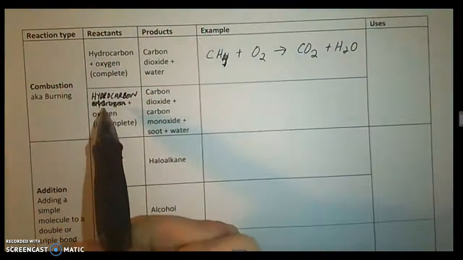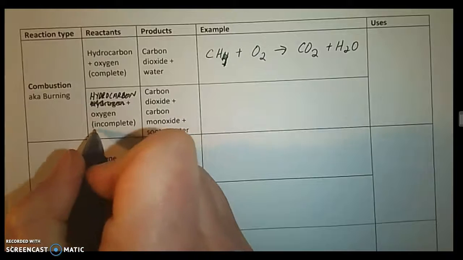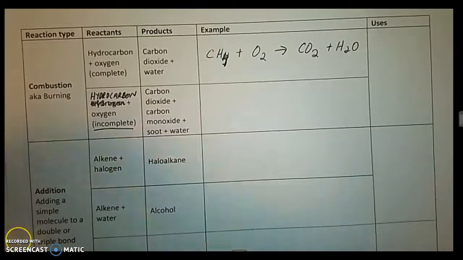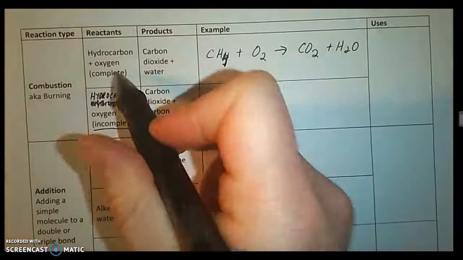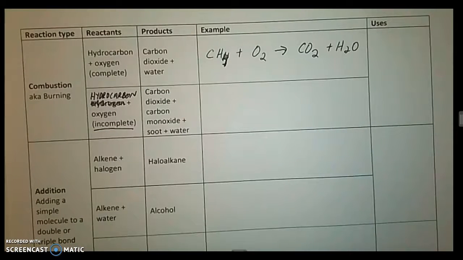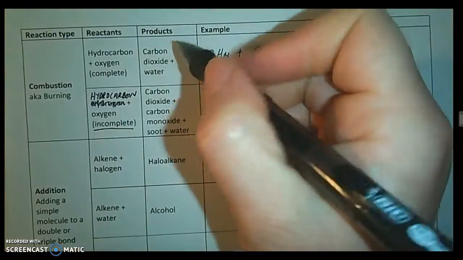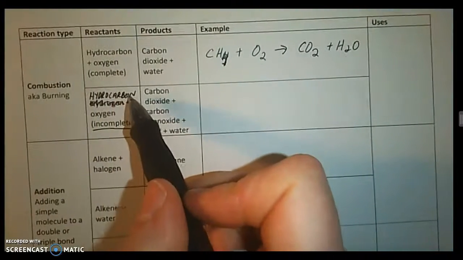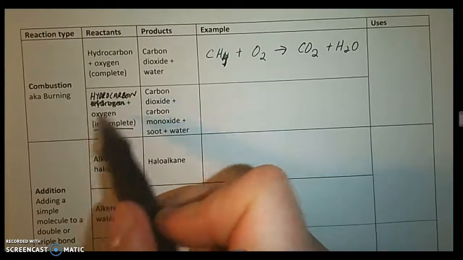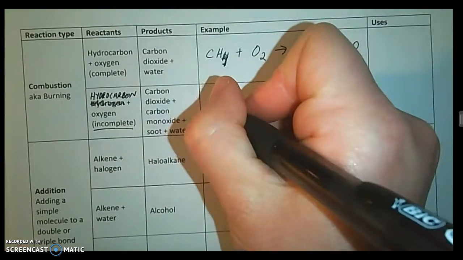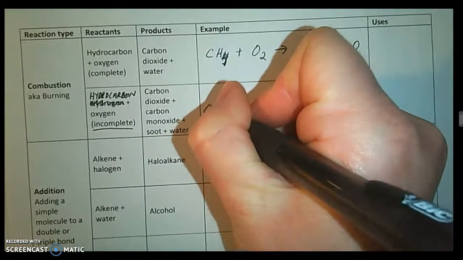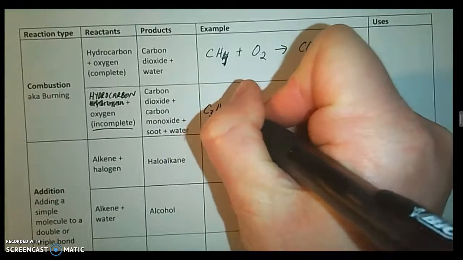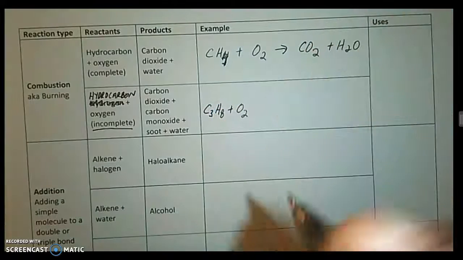So this is going to be an example of an incomplete combustion reaction. You can see that word there, incomplete, distinguishes this from the reaction we just looked at. So an incomplete reaction, it's still got the same reactants, a hydrocarbon and oxygen. So let's say we'll do propane this time, C3H8 plus oxygen.